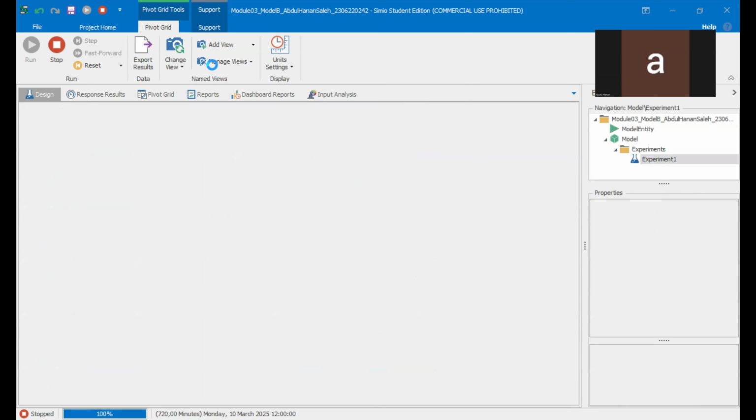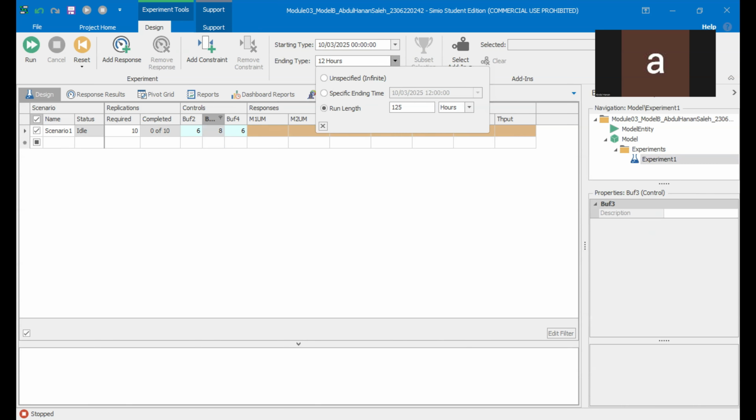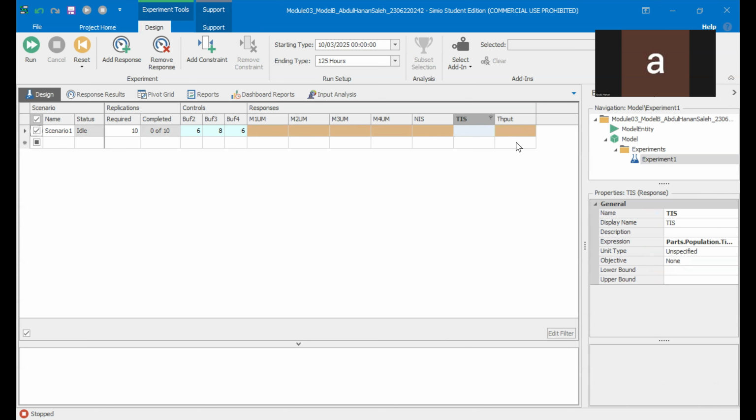We will do the same in Model B. The warm-up period will be 25 hours, and the required replication will be 10.